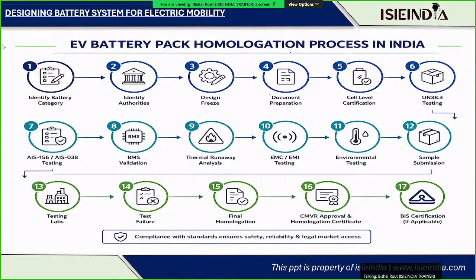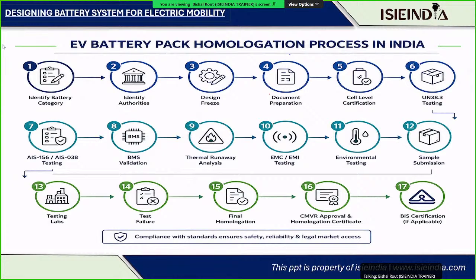So basically, the UN 38.3 test includes altitude simulation, for air transport safety. It should not happen that you transport your pack by air and your battery pack burns, the aeroplane is damaged, and someone's life is at stake, right? That is the reason why altitude simulation needs to be done.